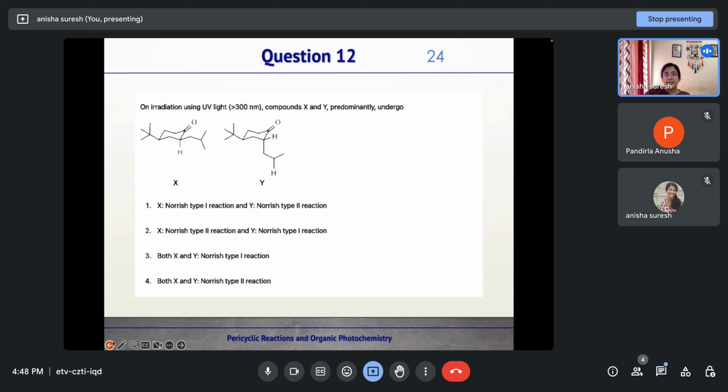So what will be the right answer? Depending upon the stereochemistry, that is, if the substituent is alpha or beta, it varies, giving the Norrish type 1 and Norrish type 2 products. So which one will be giving the Norrish type 1 reaction and which one will be giving the Norrish type 2 reaction?